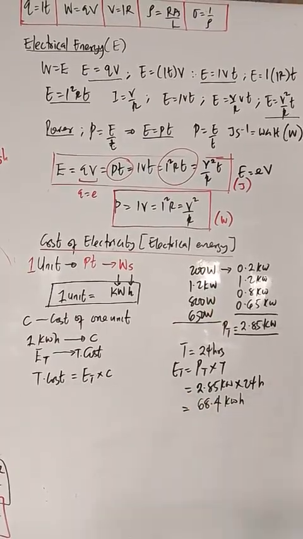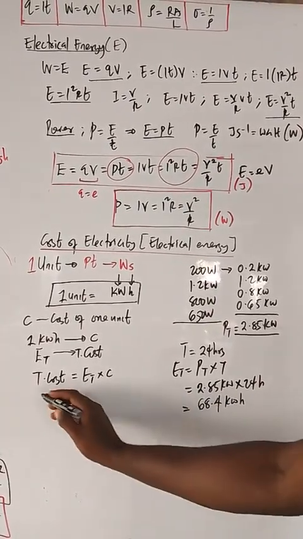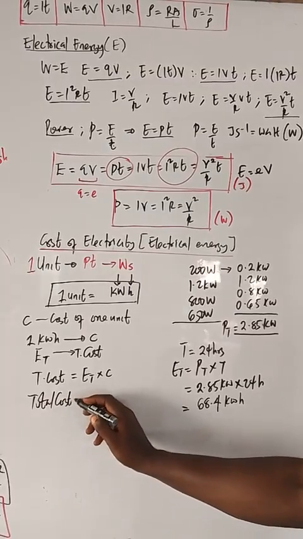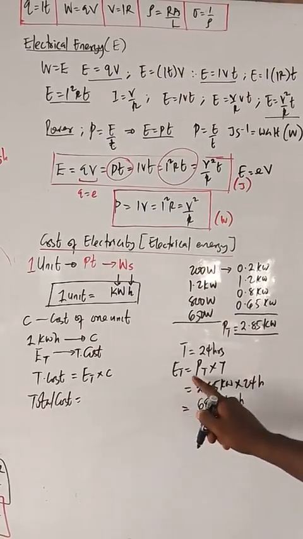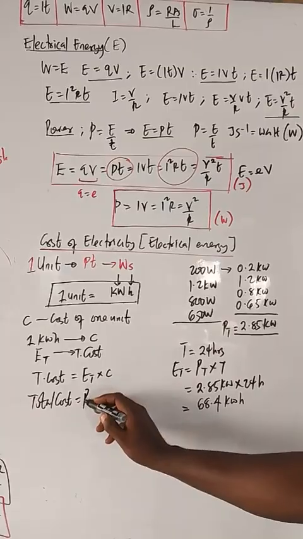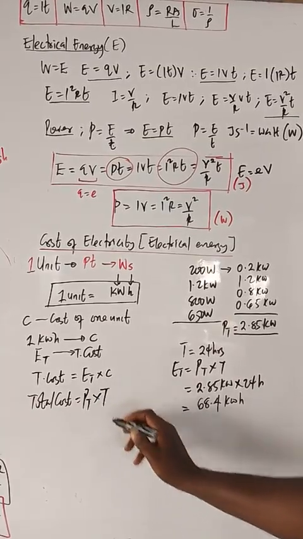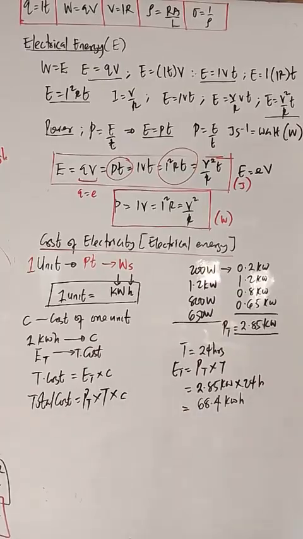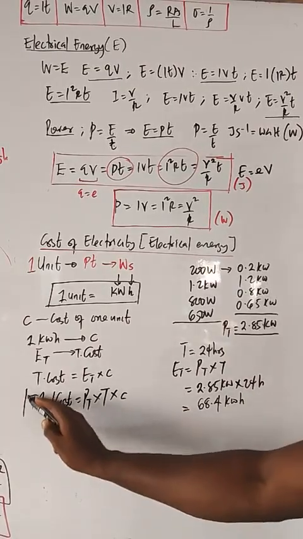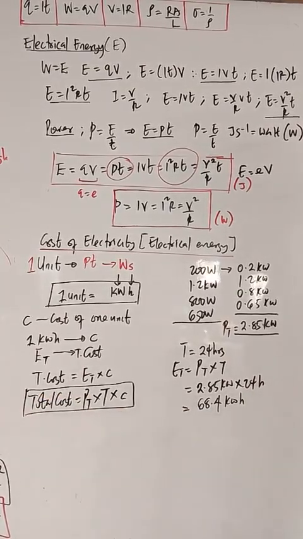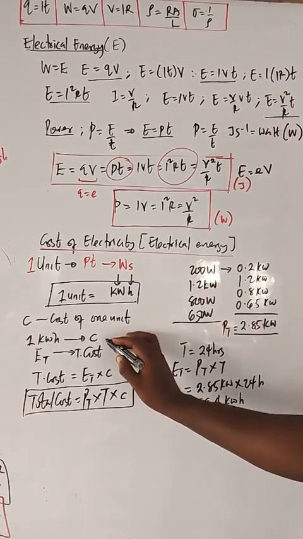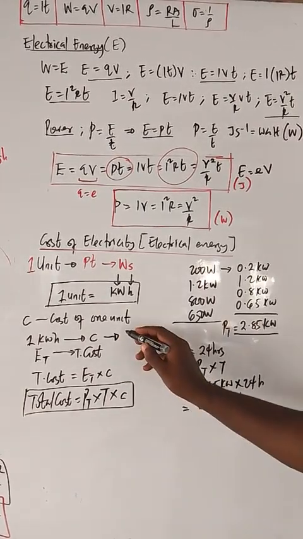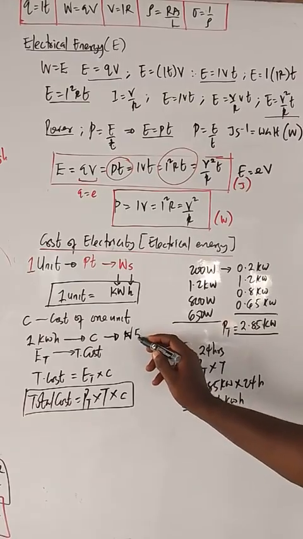So now you can calculate our total cost. Or in short, we can say total cost equals total energy. How do you get total energy? Total power in kilowatts times total time in hours, then times the unit of electricity, small c, that's cost per kilowatt hour. So let's suppose in a particular place the cost per kilowatt hour is, let's say, 5 naira.